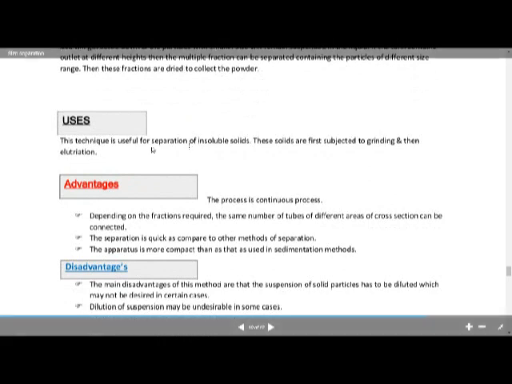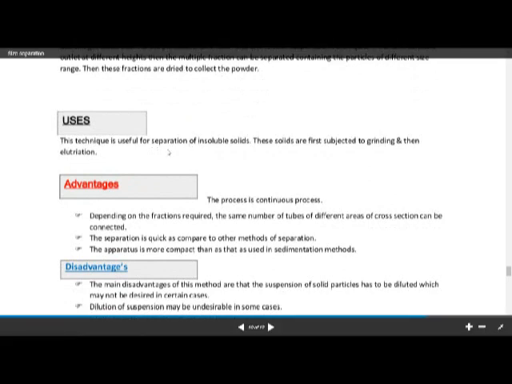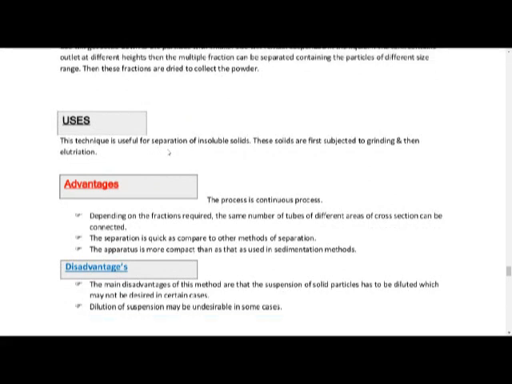Now the uses. This is generally a technique useful for the separation of insoluble solids. The solids are first subjected to grinding, that is the levigation method, and then to elutriation. Now what are the advantages? This process is a continuous process, as you can connect any number of tanks with each other.